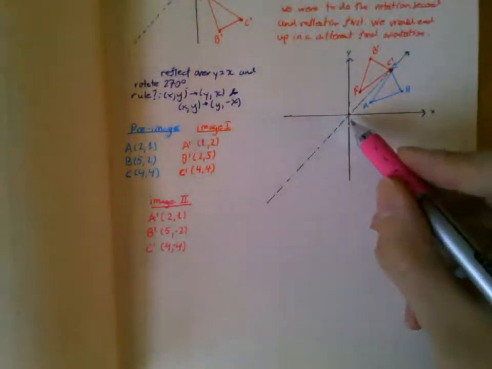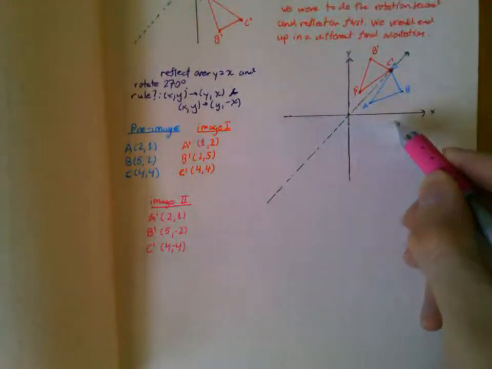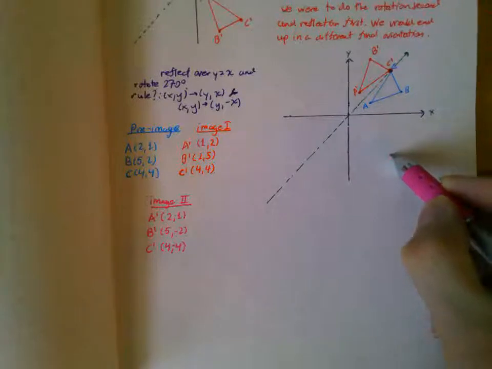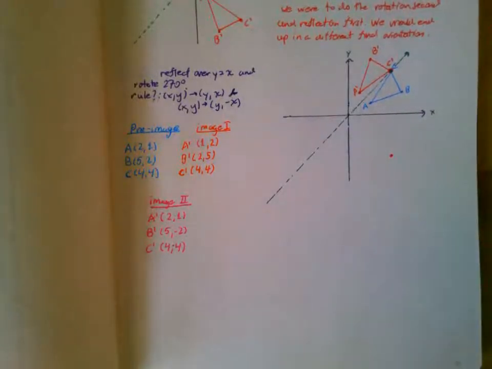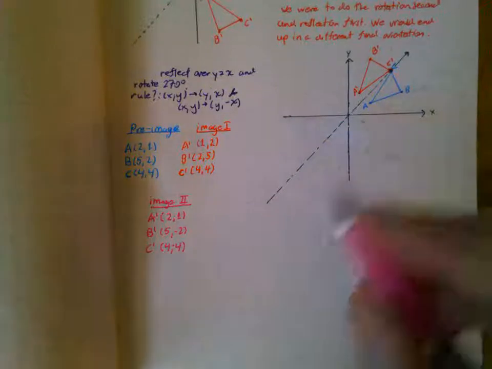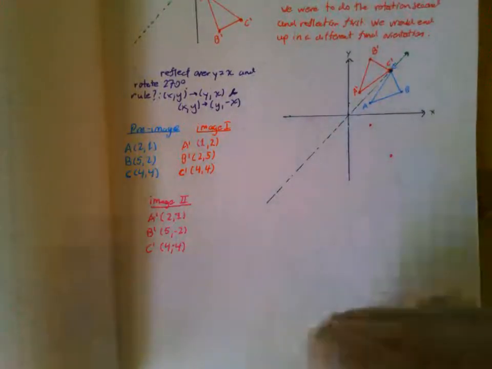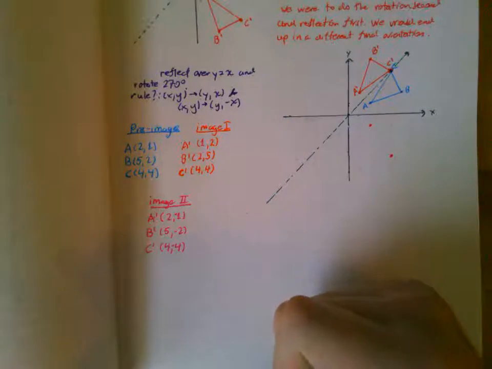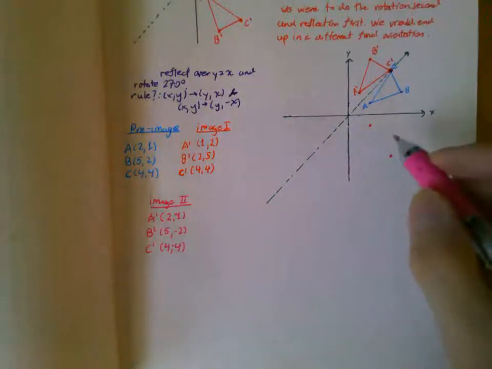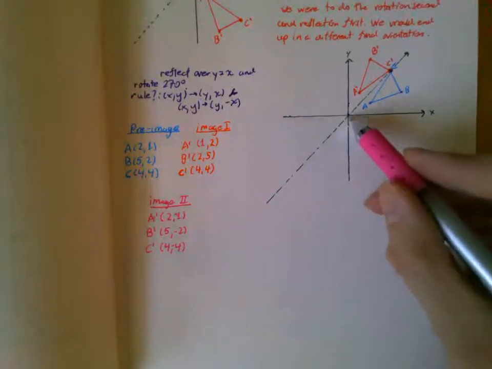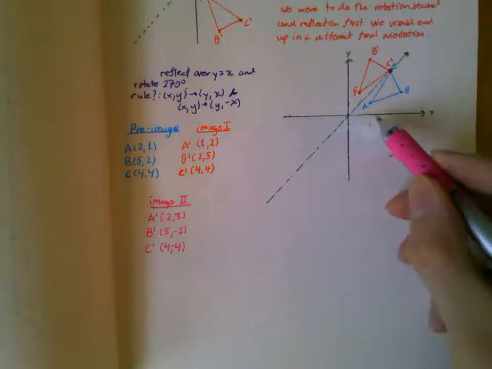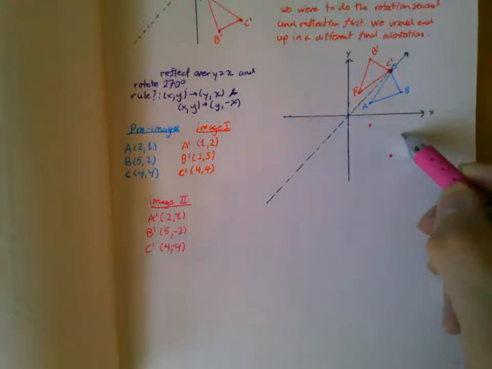Okay, so let's see here. So we've got 1, 2, 3, 4, 1, 2, 3, 4. Okay, and then we've got over 2, down 1, 1, 2, down 1. There we go. Okay. And then we've got over 5, 1, 2, 3, 4, 5, down 2.